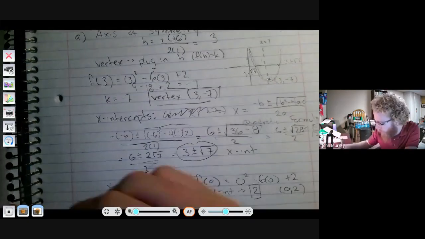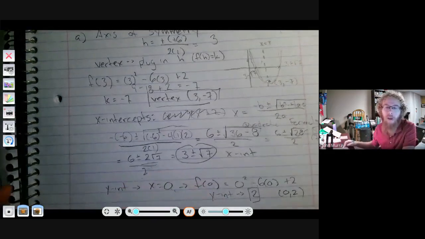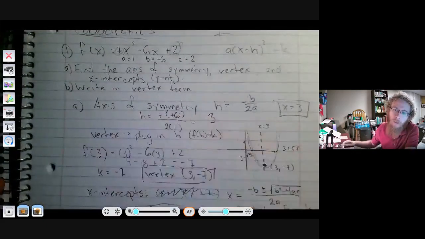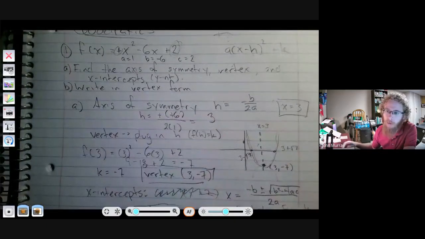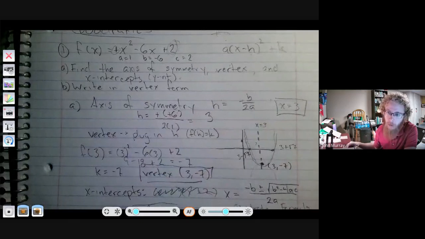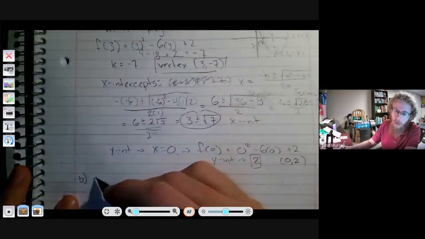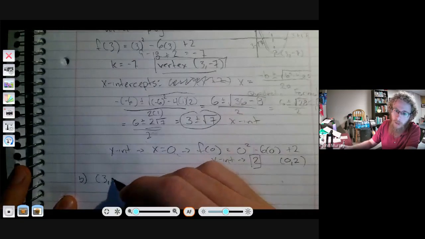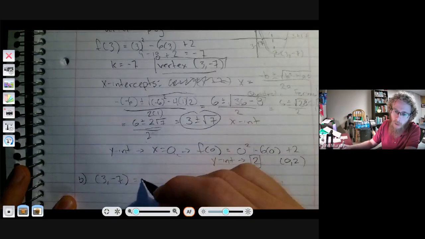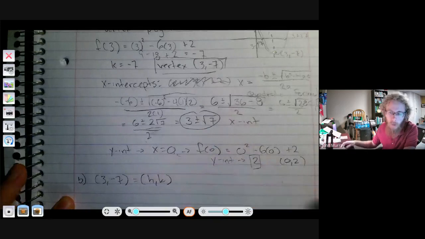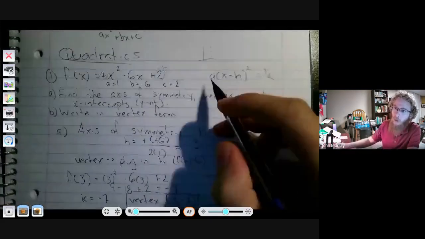Okay. Then part B, once we've found all of this, to write it in vertex form is super simple because we already found everything that we need. Right here, I have my vertex. So 3, negative 7 is going to be the h and the k. Now the only other part I need is a.